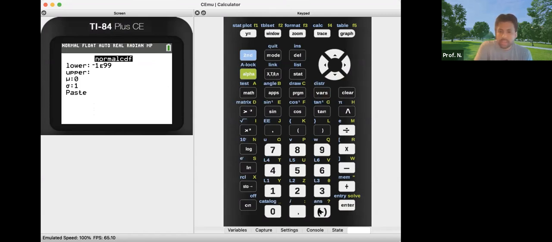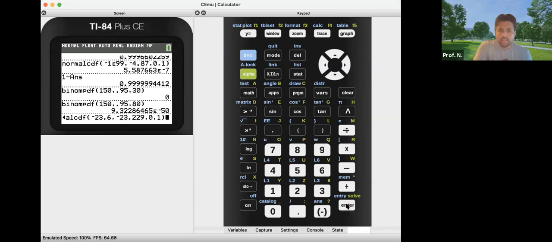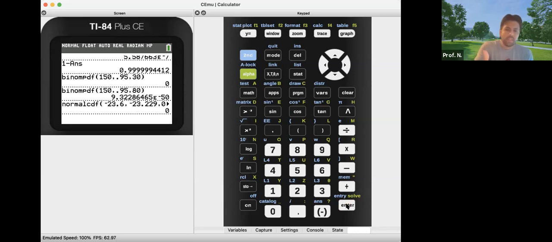So the lower bound will be negative 23.6, and the other one will be negative 23.229. The mean and standard deviation stay the same. And we get something really tiny, 0.